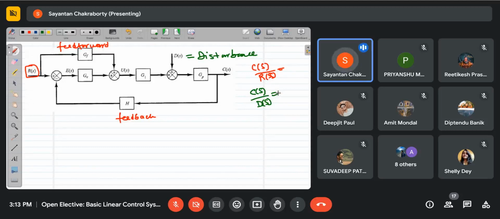In either case, I can consider the other input to be 0. Then, when both the inputs are present, I can obtain the final response by just summing them because they follow the principle of superposition. So this is another application of this block diagram algebra.